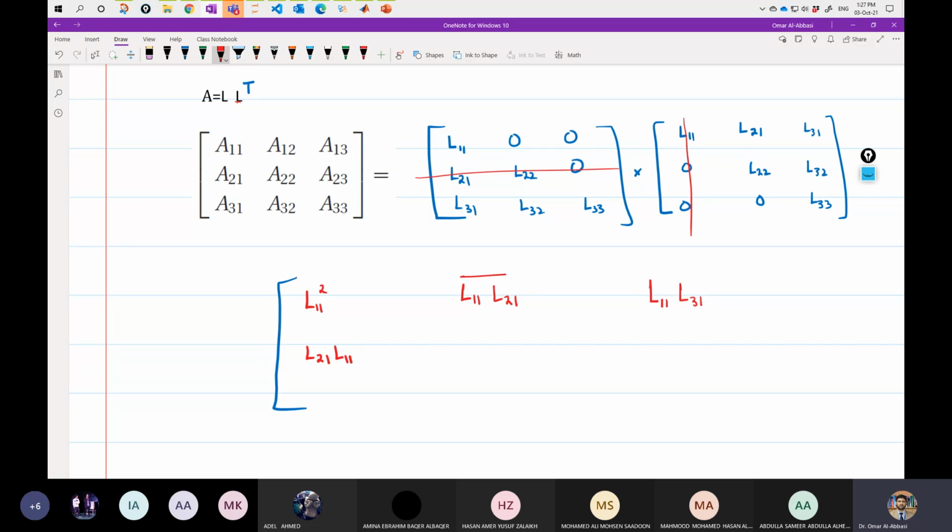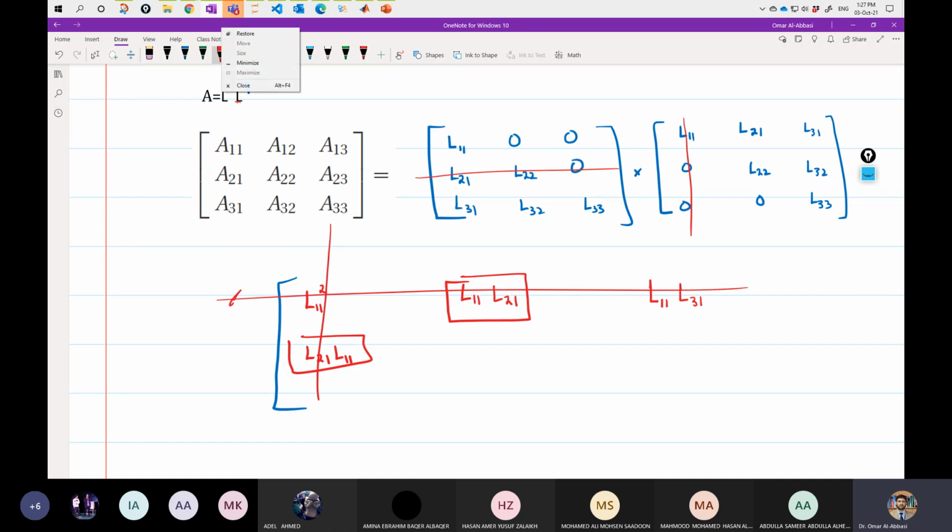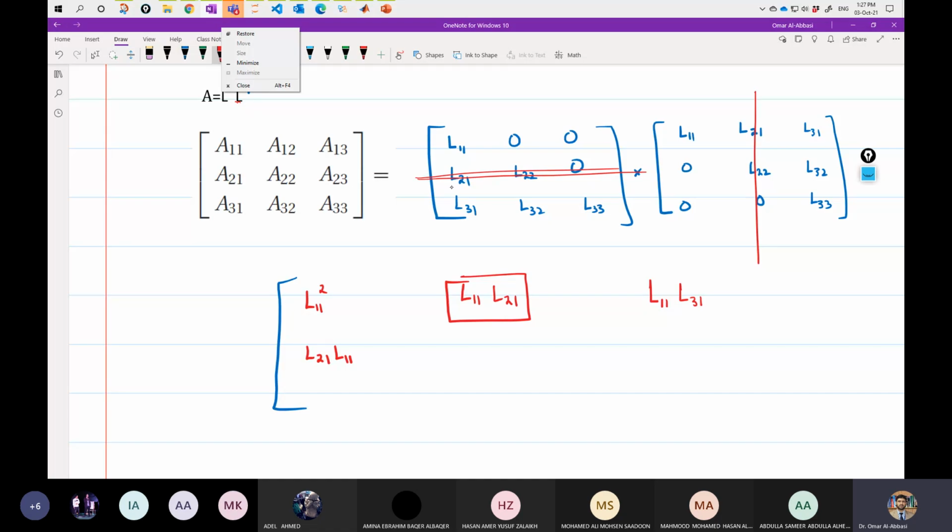By the way, guys, notice since the matrix is symmetric, this should be the same as that, right? Because the first row equals the first column. The matrix is symmetric. This is one of the conditions that this matrix has. Okay. Now let's move to the second row, second column. So that is L21 squared plus L22 squared, isn't it?